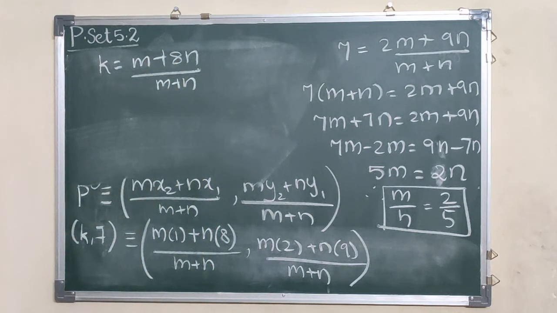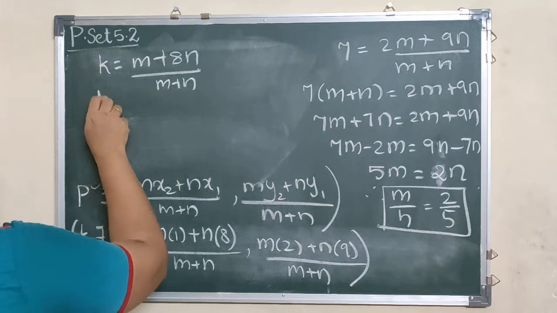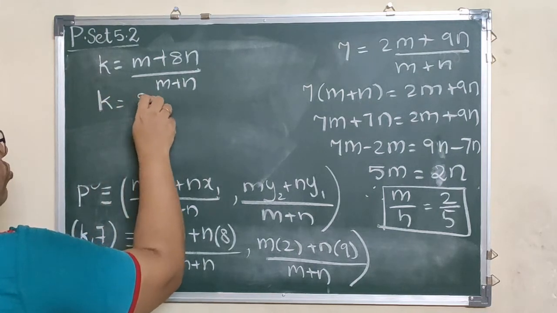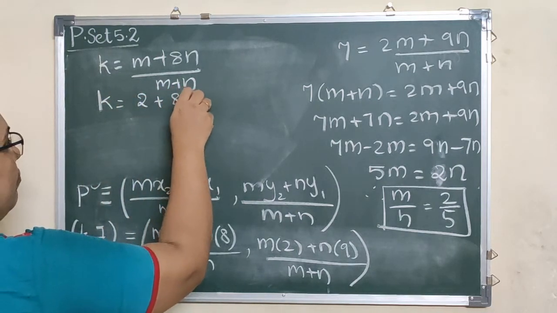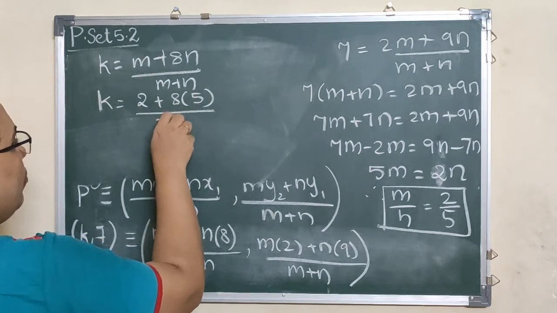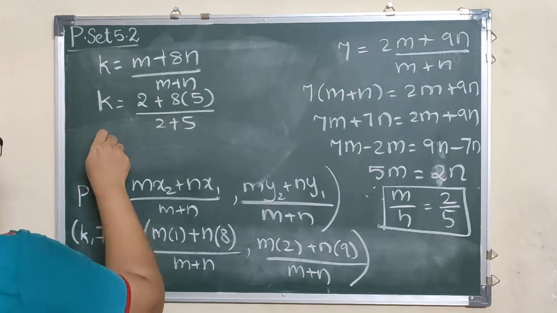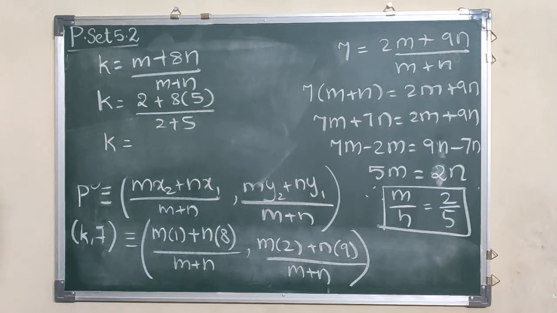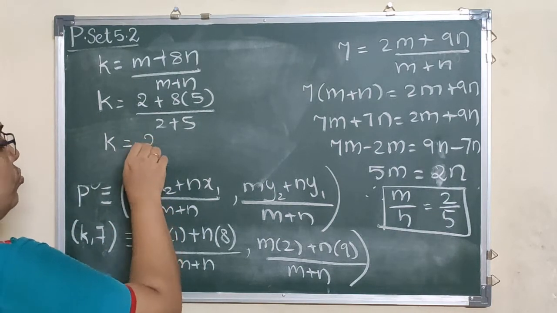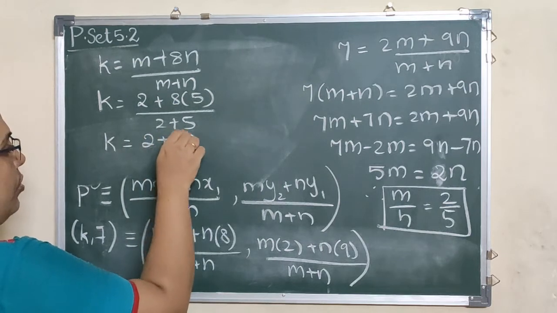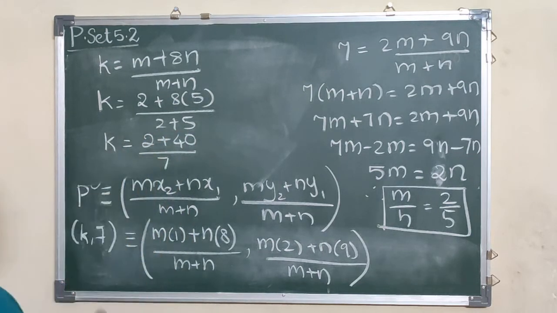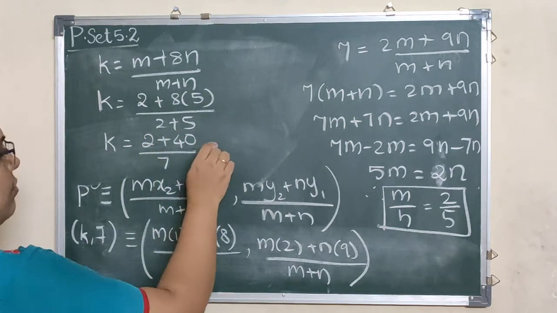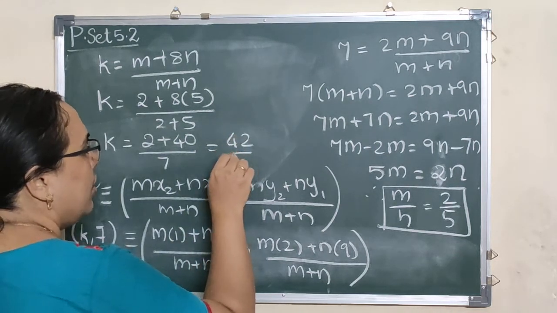Let us substitute m as 2 and n as 5: 2 plus 8 into 5 upon 2 plus 5. 8 5s are 40, so 2 plus 40 upon 7 gives 42 upon 7.